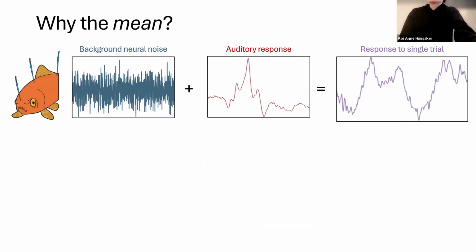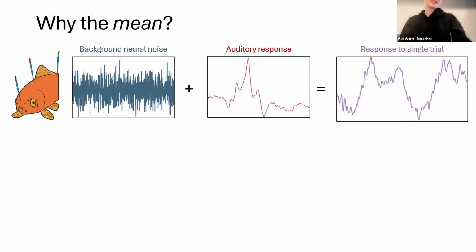And in this test, it is essential to calculate the mean, specifically because it allows us to average out non-auditory related neural background noise and electromagnetic noise that is also present in the electrode recordings. This is because we're using electrodes that are on the surface of the head. We're not patching any single neurons.